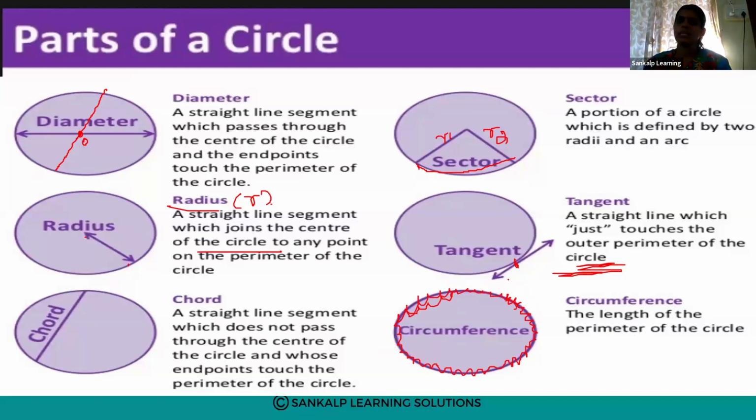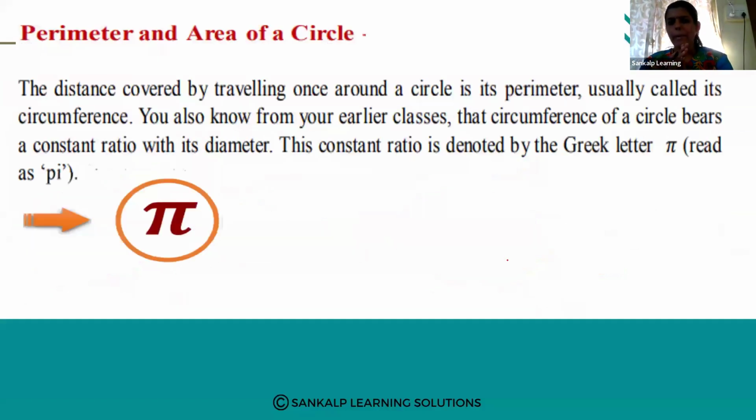Okay, yes. Next comes perimeter and area of a circle. Yes, my dear students, perimeter and area of a circle. What do you mean by perimeter? So, everyone listen now. Perimeter and area of a circle. So, perimeter means 2 pi r, right? And area of a circle is pi r square.